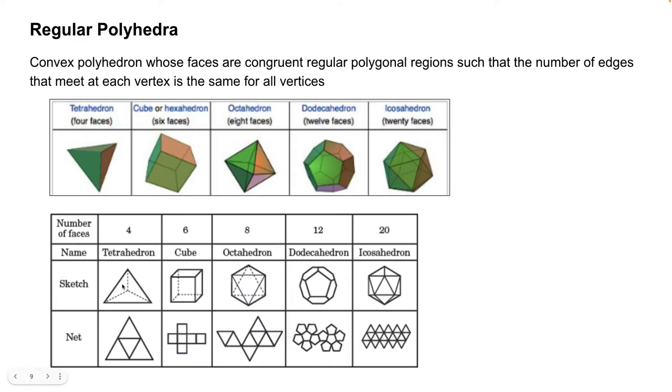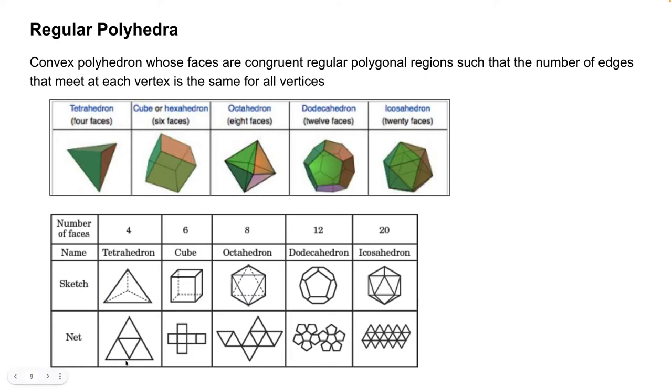Each base has the shape of an equilateral triangle. For a cube or hexahedron, you have 6 squares as the faces. Octahedron has 8 equilateral triangles. Dodecahedron has 12 regular and congruent pentagons. Icosahedron has 20 equilateral triangles as the bases.